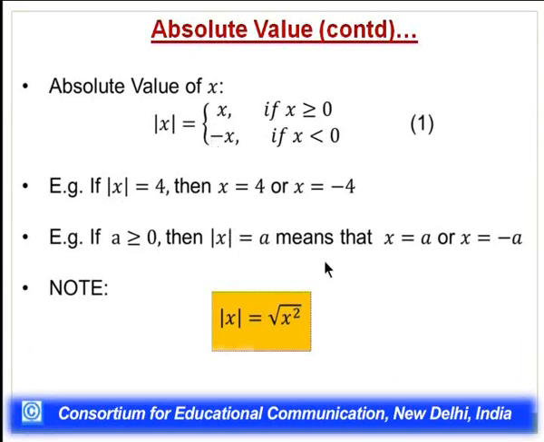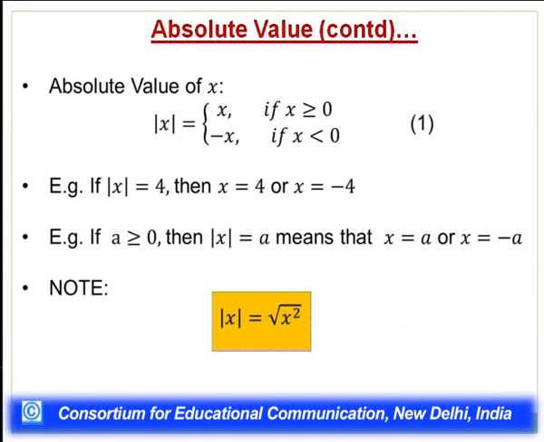And please note that the number a in this equation must be greater than or equal to 0, because if it is negative, then mod x would become equal to some negative number, and mod x, as I said in the beginning of the lecture, can never be negative. It represents distance, and distance is always greater than or equal to 0, so the number a has to be non-negative.